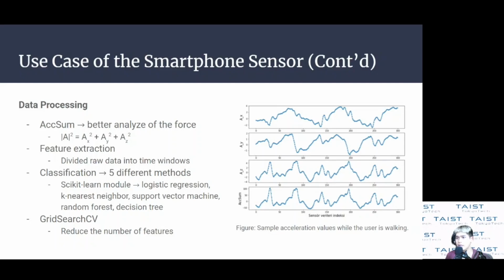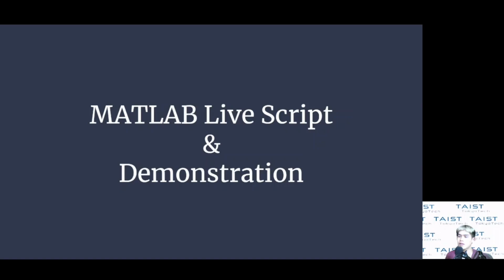So it is better for us to export the data we collected into a CSV file, so that other programs can use it for implementation. Okay, now let's take a look at the live script and the demonstration.